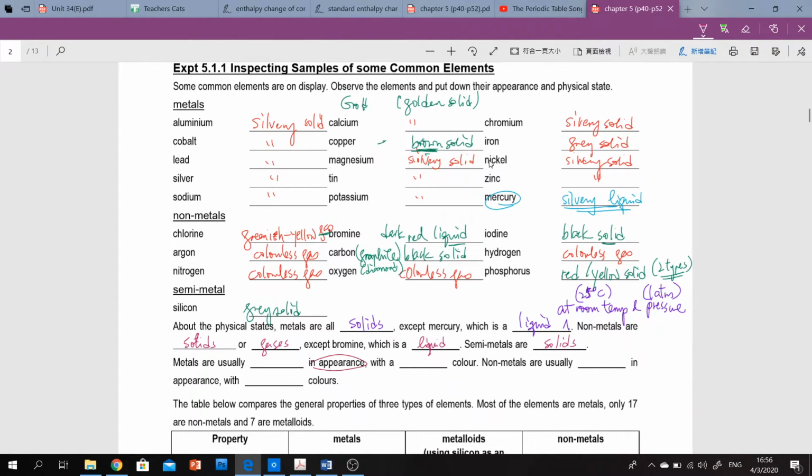Metals are usually shiny, meaning they can reflect light, with a silvery color. Non-metals are usually dull in appearance, not so reflective, with various colors.